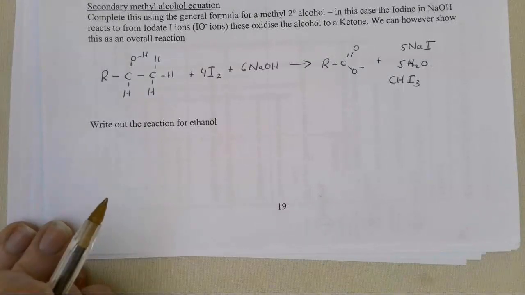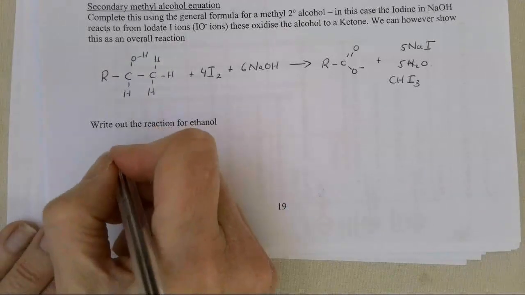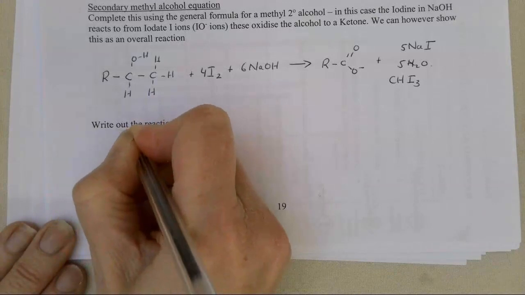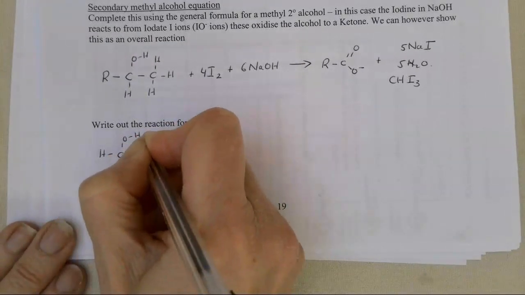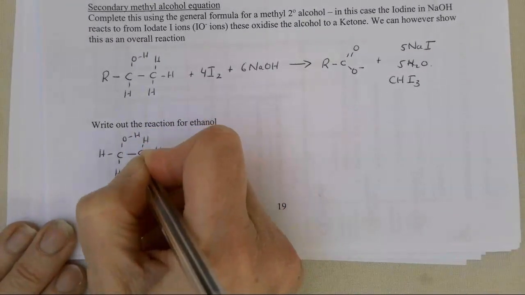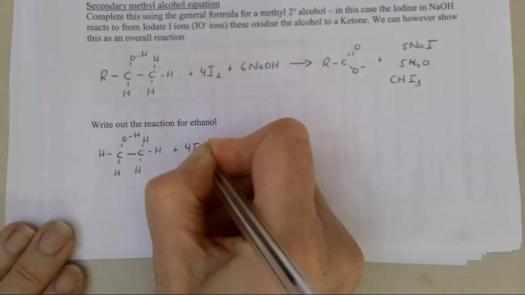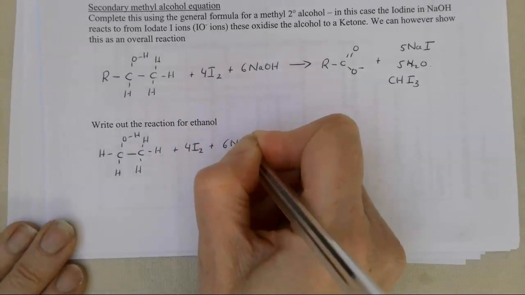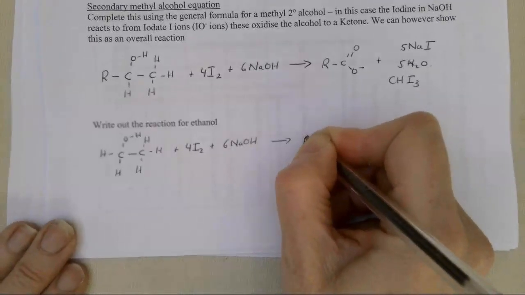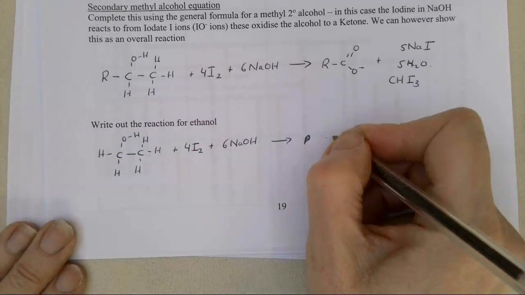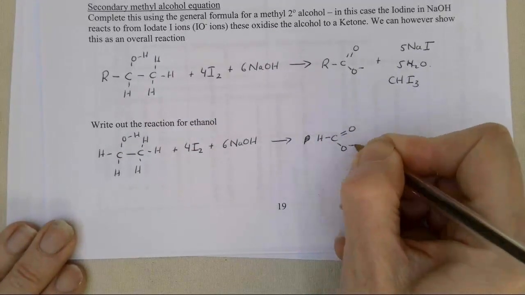Okay, so hopefully you've had a chance to pause the video and write out the reaction for ethanal. So I'm just going to go through that one quickly. So here I've got my carbon functional group with the methyl group on the end. Remember, we're testing for whether there is a methyl group on the end. It still balances in exactly the same way. I don't need an R then, because I've got my CH3 group, but I've got C and H, double bond O, O negative.